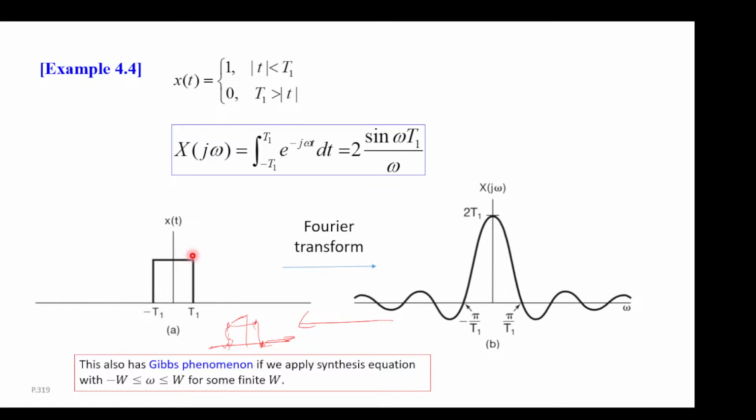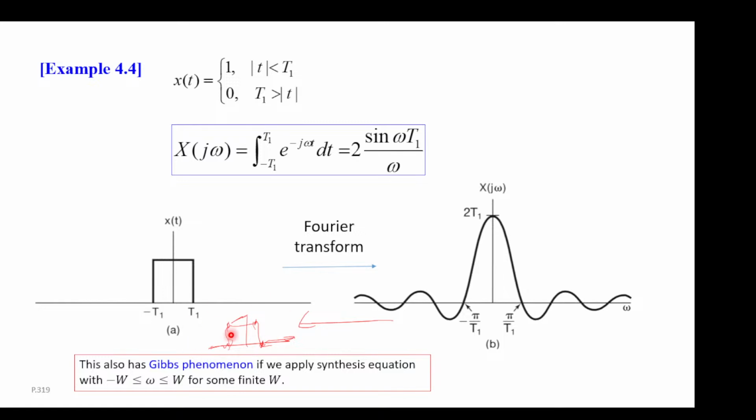When you have this sharp discontinuity here, you will get some ripple effect, and that's the Gibbs phenomenon that we have described in chapter 3.